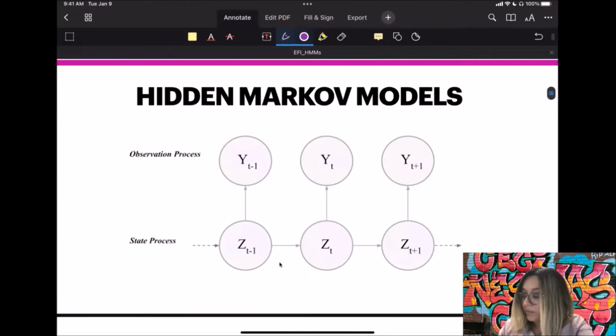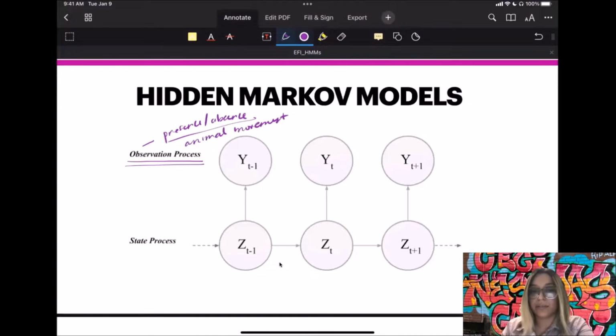A hidden Markov model is composed of our observation process, and this can be presence, absence, or it could be something for animal movement, and so on. And we have, of course, a process occurring in sequence.